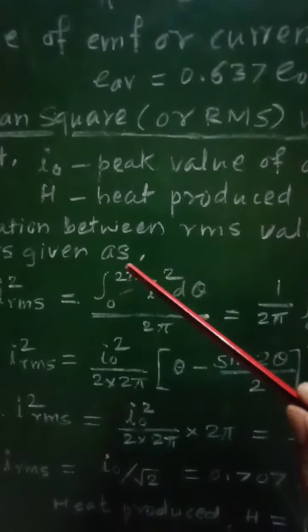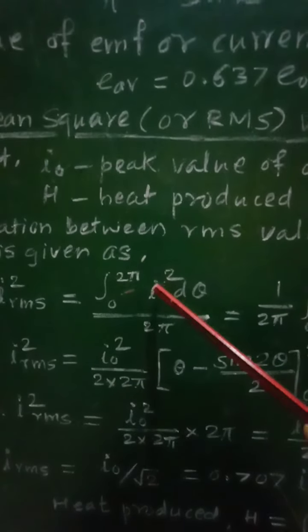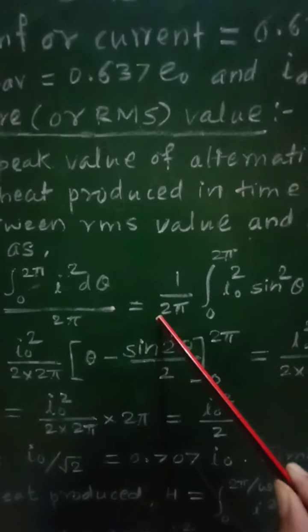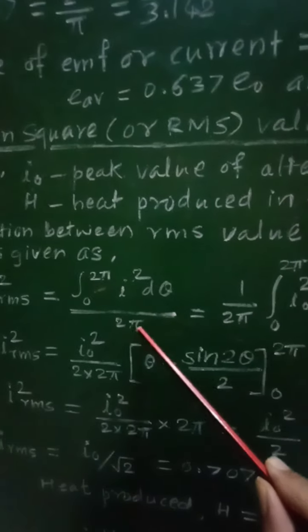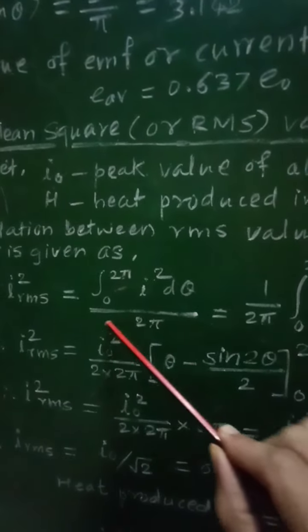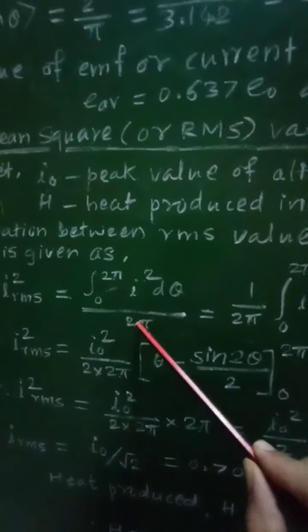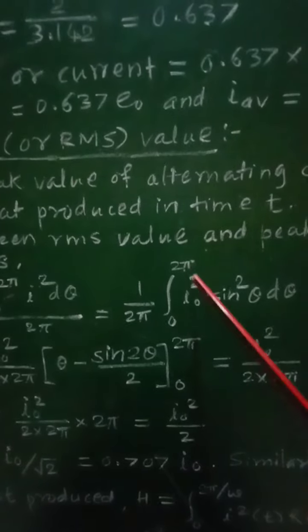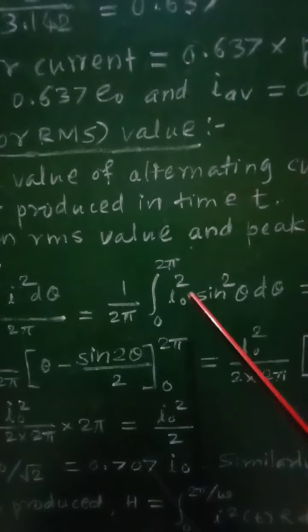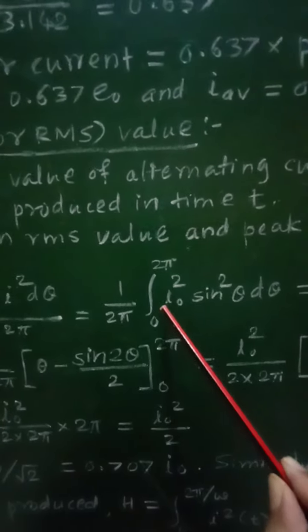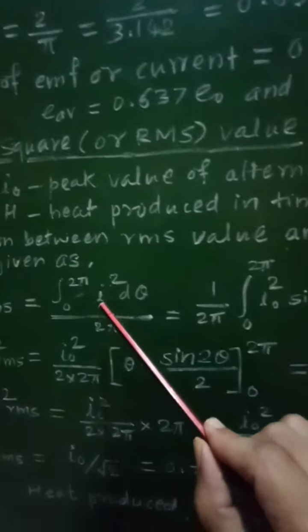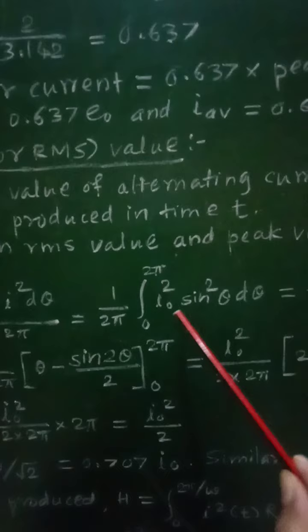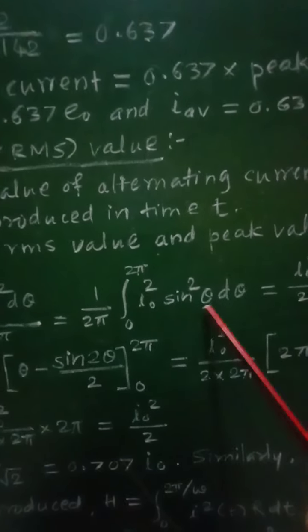Now this I will be written as I0 sin theta, and therefore it will be written as 1 by 2 pi, because this 2 pi will be taken out of that integration, 1 by 2 pi into integration 0 to 2 pi I0 square sin square theta d theta. So this is the value of I square. This I is equal to I0 sin theta, and therefore it will become I0 square sin square theta d theta.